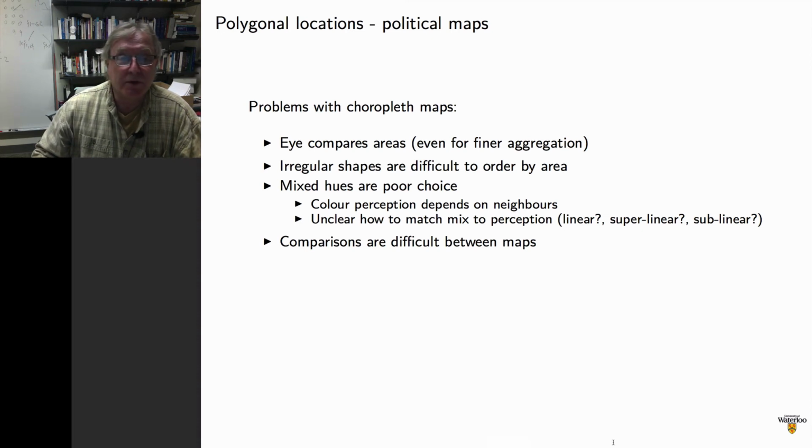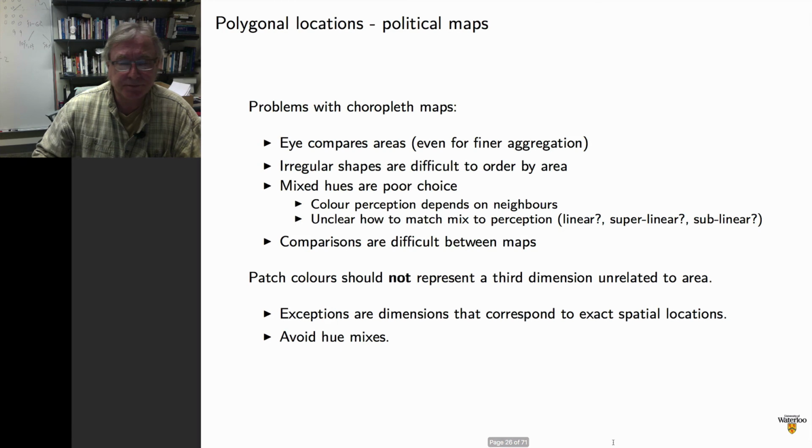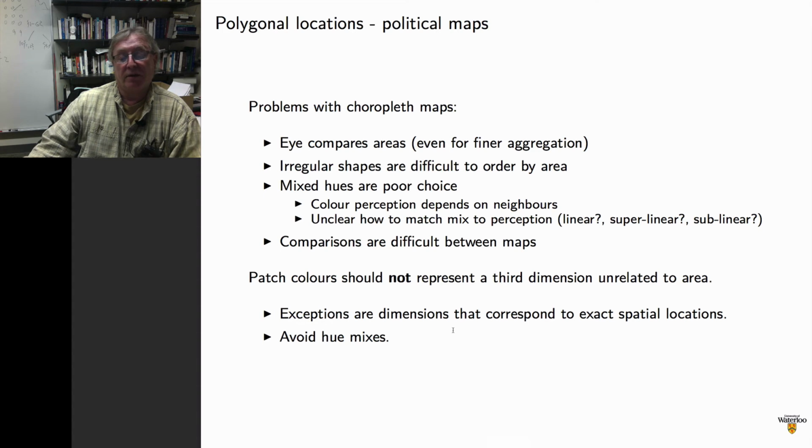So what might we do instead? Well, the recommendation is that if you can at all avoid it, do not use a 3rd dimension on that polygon in terms of color. Do not use those colors unless that 3rd dimension is actually related to the area. And even then you're in trouble because of the problem with irregular shapes. The exception is those dimensions that correspond to exact spatial locations, and you want to avoid hue mixes.